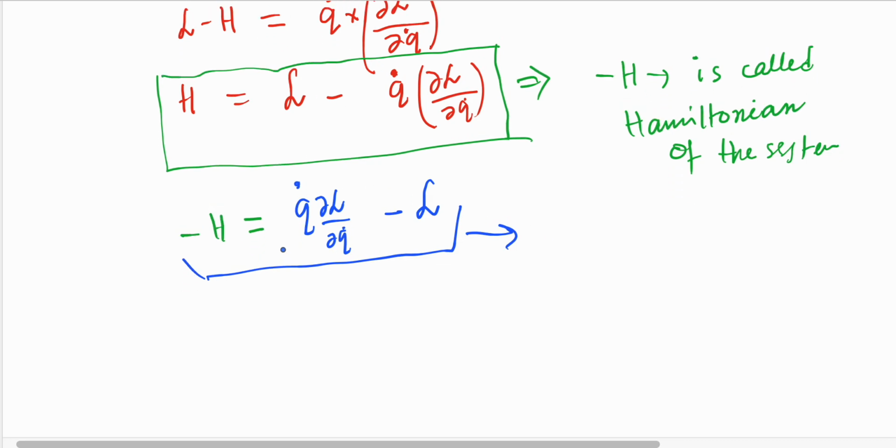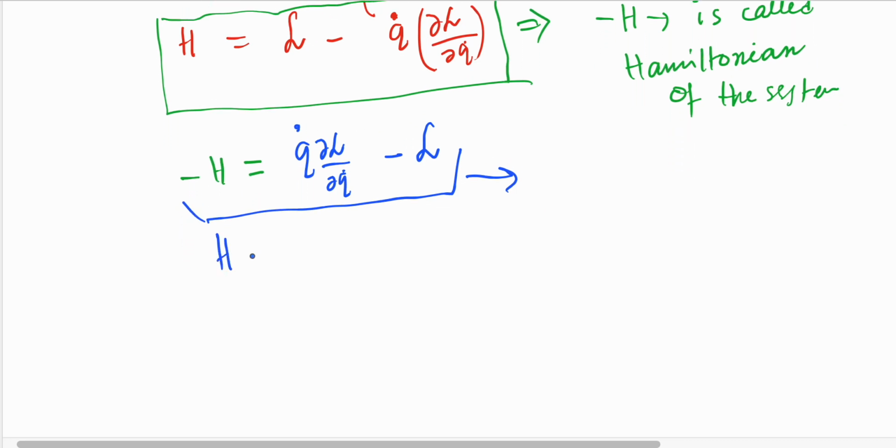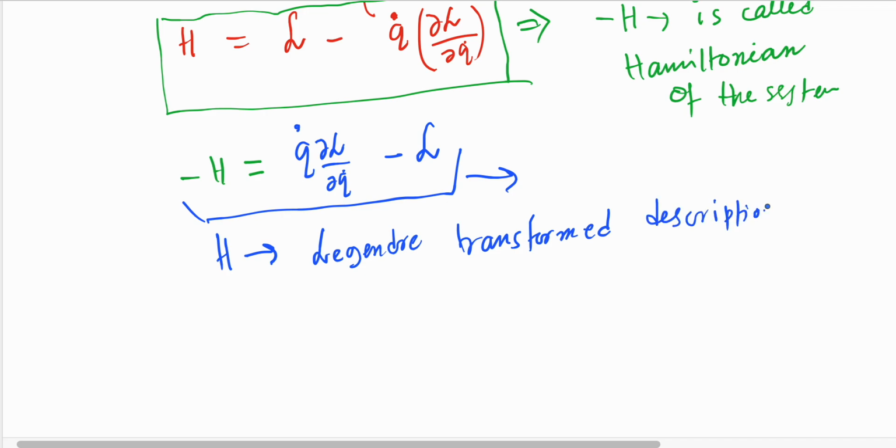Now we know that this Hamiltonian is nothing but the Legendre transform description of the system.